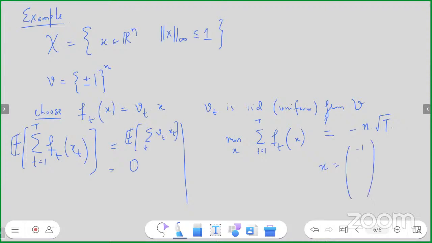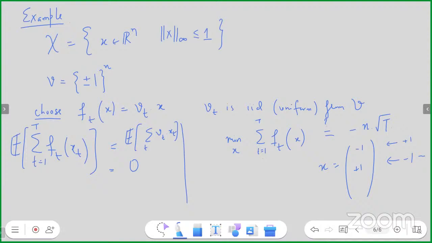So let's say at some place you choose a -1. You would like lots of these VTs to be +1 there, so that you get a contribution of -1. Similarly, if you choose a +1 at some place, you would like those places to be -1. But there will be some places where it will be +1, and you can't avoid that. So the question is, is there always a choice, knowing what it is, that you can get n times square root t? That's the question.